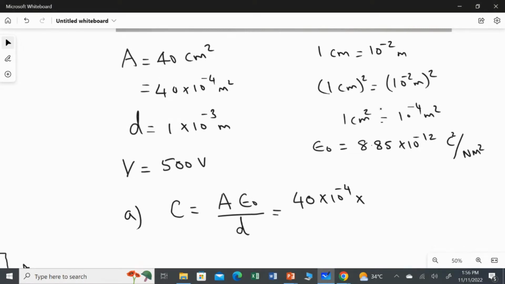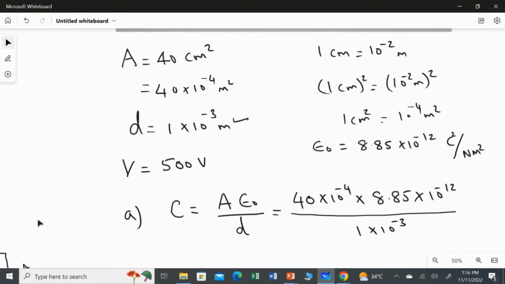I substitute it here, divided by d, the distance between the two plates, which is 1 millimeter, so 1 multiplied by 10 power minus 3 meter.